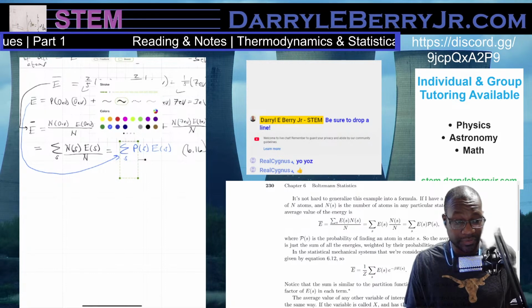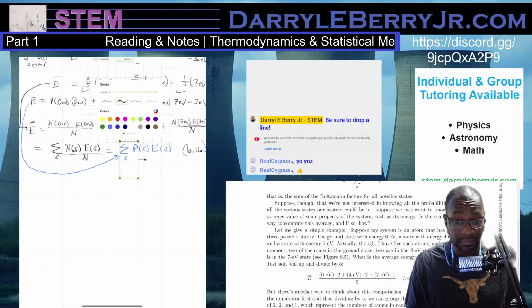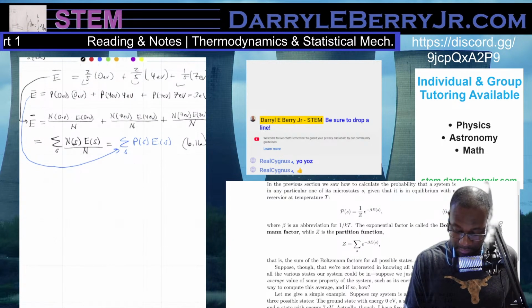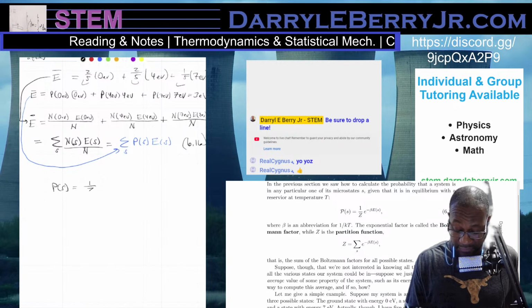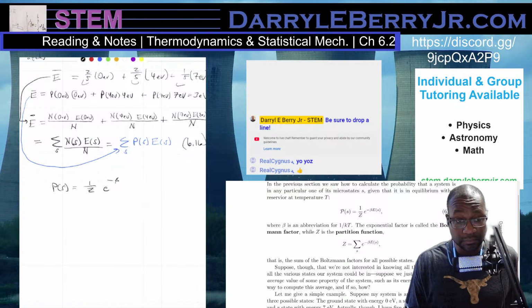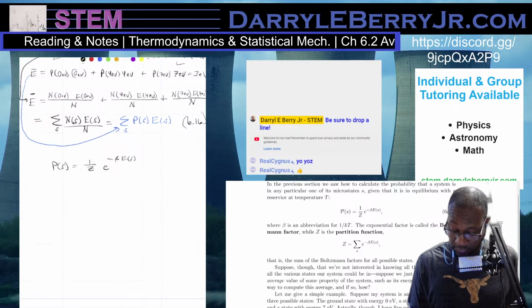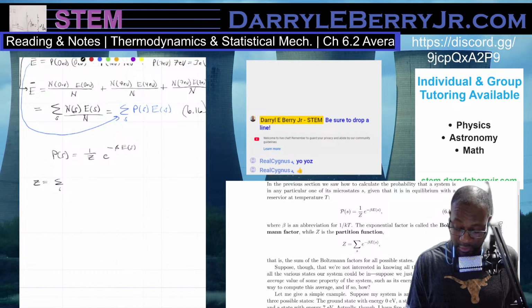In the statistical mechanical systems that we're considering, each probability is given by equation 6.12. All right, let me rewrite that. The probability of any state in terms of partition functions is the inverse partition function times the Boltzmann factor, and Z is going to be the sum of all Boltzmann factors.